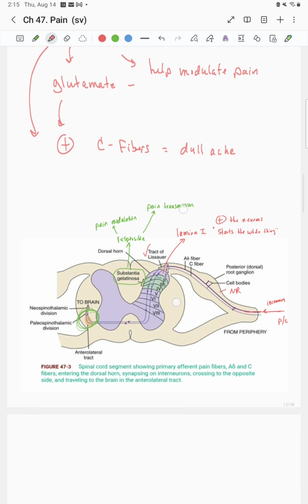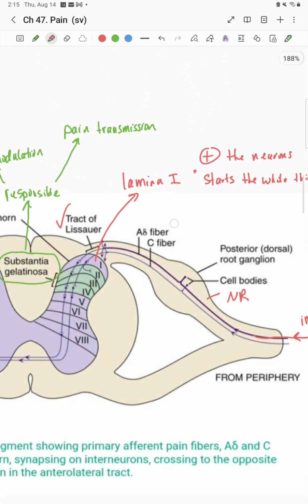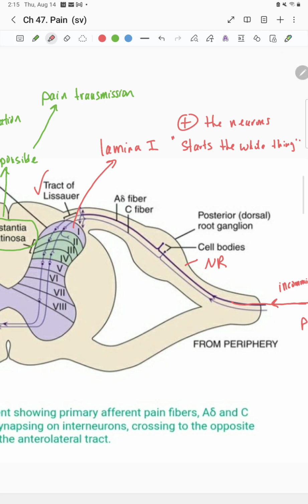All right, lamina 5. Okay, lamina 5. This is responsible for referred pain.